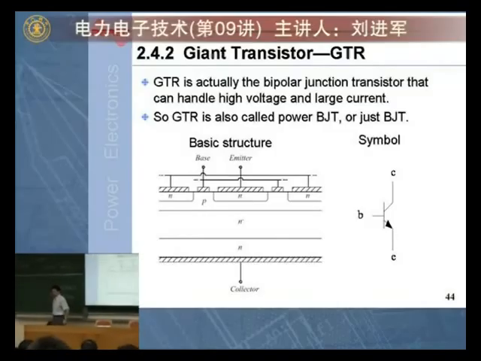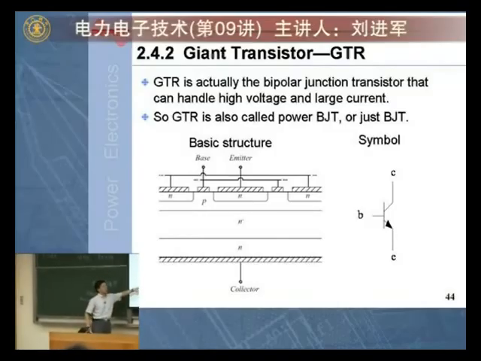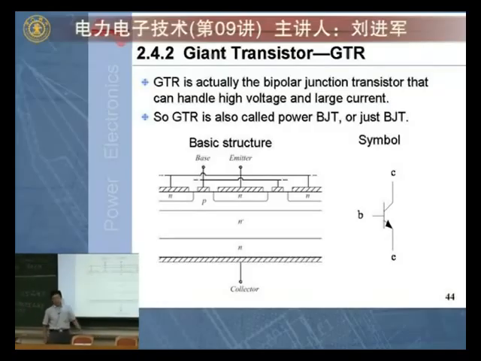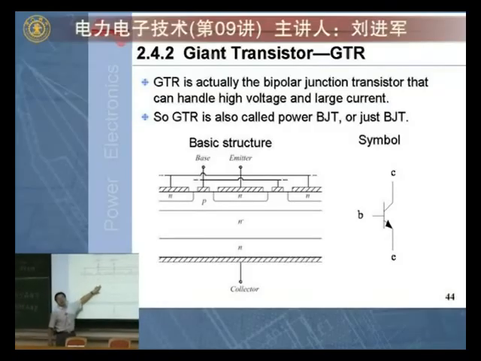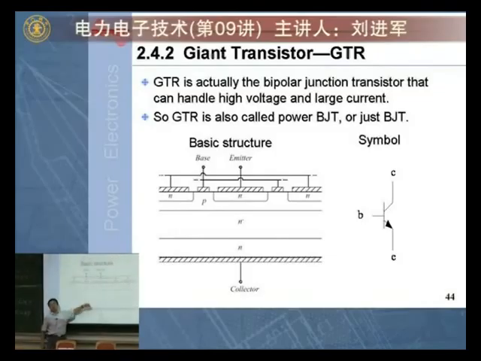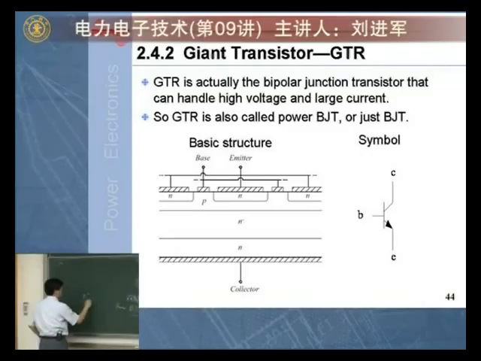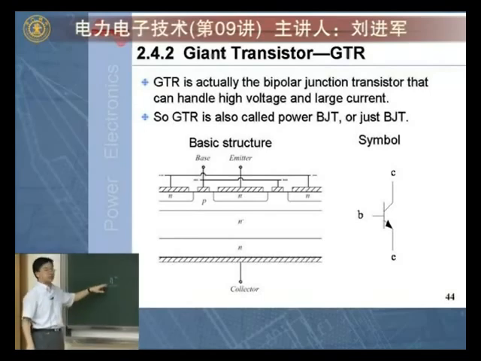Okay, three layers. Of course, you may have noticed the difference. This is not exactly three layers. There is an extra layer inside, in the middle. This is the N- layer. You can imagine what the function of this N- layer is.